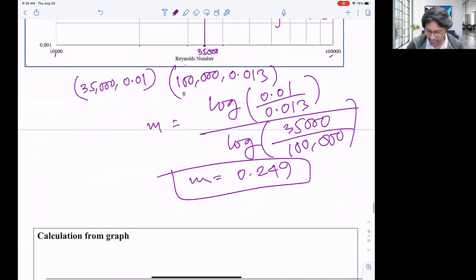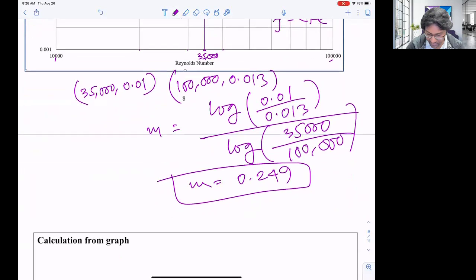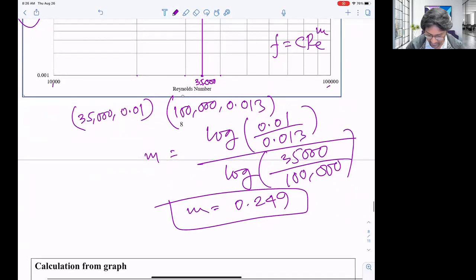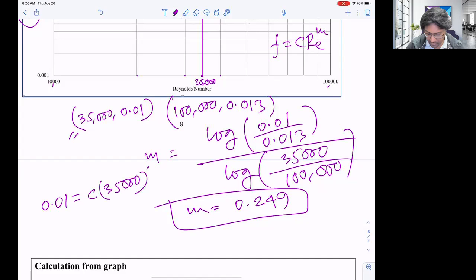So from this calculation I can calculate the value of C, right? We have f, I can use friction factor 0.01. This is equal to C times Re, I can use 35,000, to the power 0.2499.